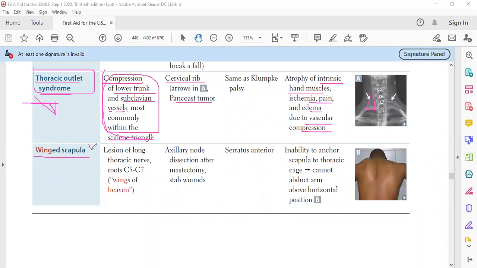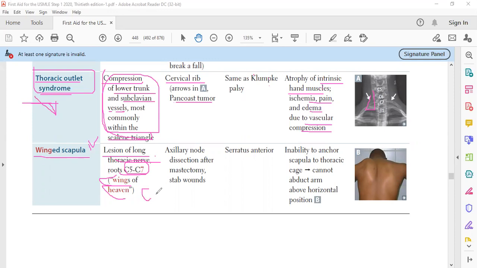Winged scapula is very commonly asked in paper questions. It is a lesion of the long thoracic nerve, roots C5 to C7, the wings of heaven.